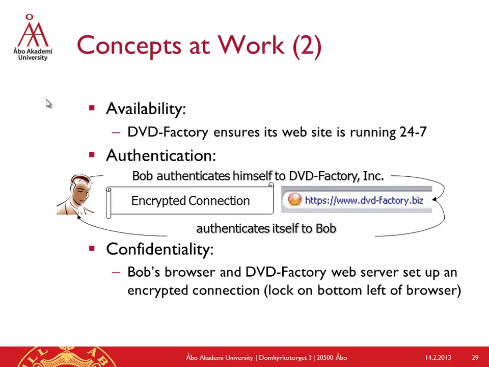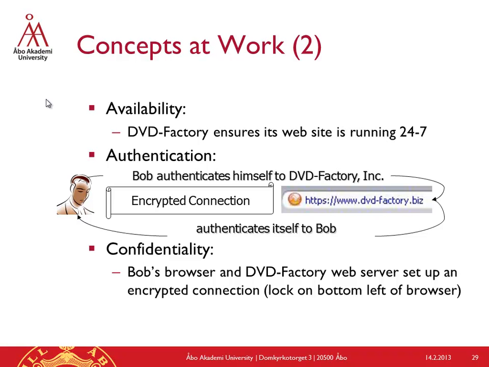We should start with availability. We have to be sure to make this business process available. We have to be sure that DVD Factory will be available 24 hours, 7 days a week. If it's not available, there is no ability to perform this business action. Another thing is authentication, both for the user, Bob, who has to provide his credentials to DVD Factory, but he also has to be sure that this particular website is the genuine DVD Factory website.